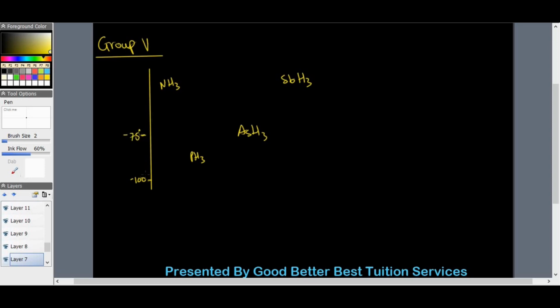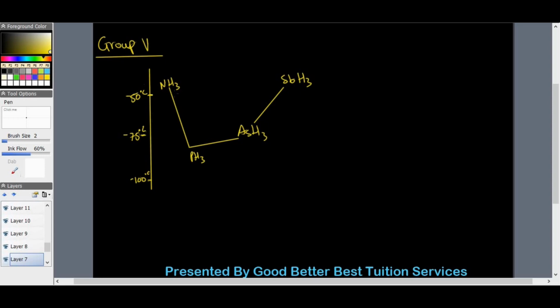It's all degrees Celsius, and about here, just underneath here, we'd have about minus 50 degrees Celsius. You can see how high up NH3 is, and how low PH3 is, and then just plotting this graph here, you can see exactly where all these little points are.